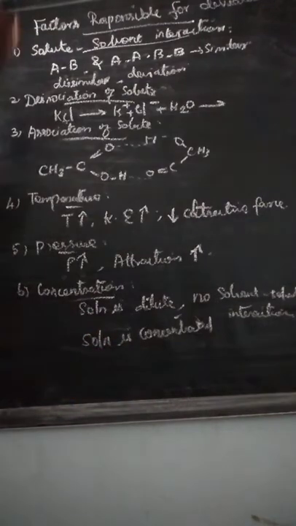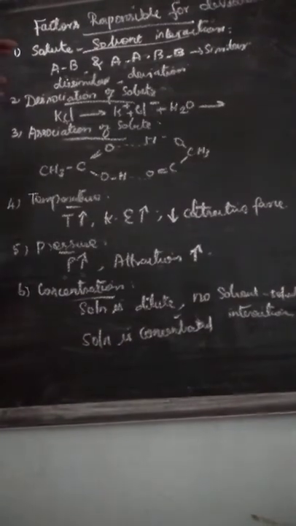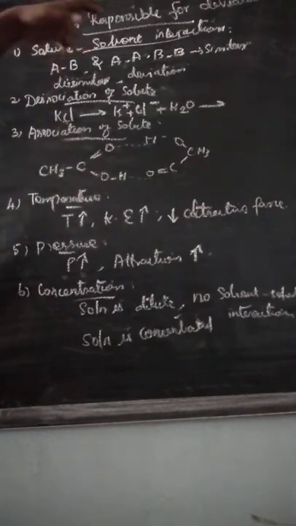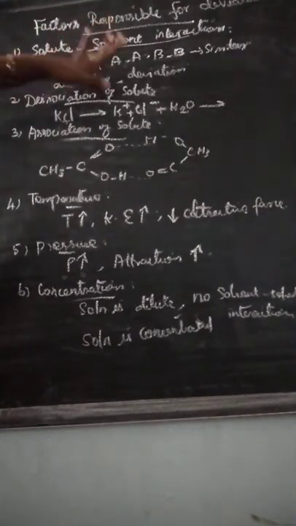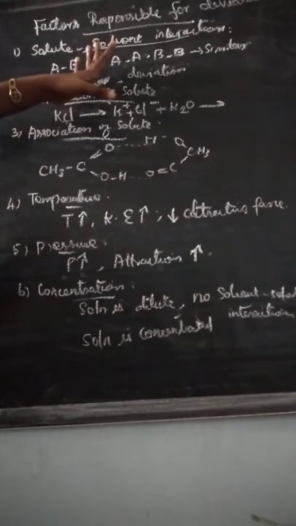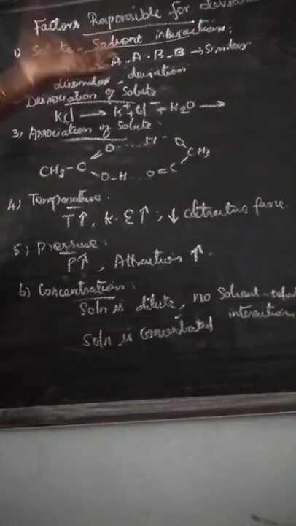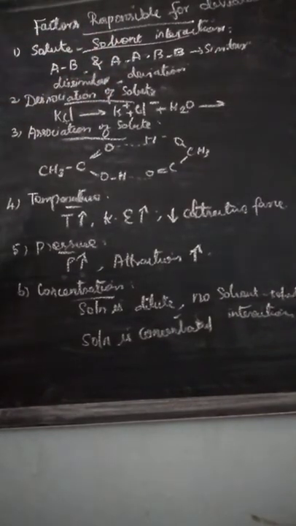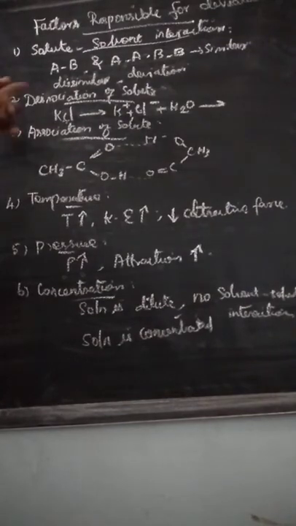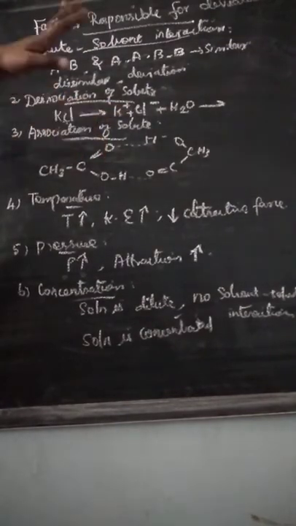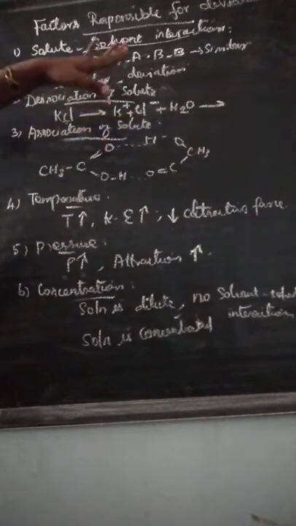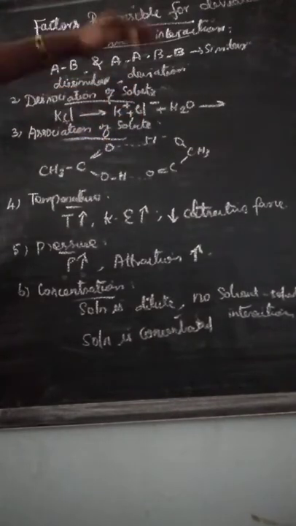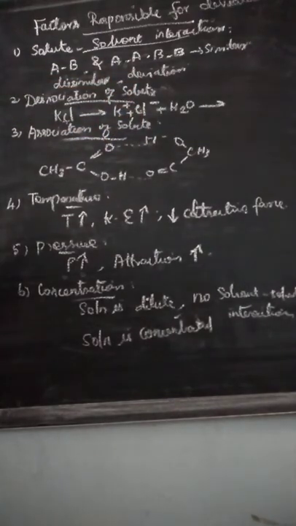Understand? So what are the factors we learned? First factor, solute-solvent interaction. Here the solute and solvent interactions are similar. If it is dissimilar, there is a deviation from ideal behavior. Then second factor, dissociation of solute. Solute molecule dissociates to form constituent ions. Now these interact with the solvent, causing deviation. Then association of solute. This association also causes a deviation from ideal behavior.